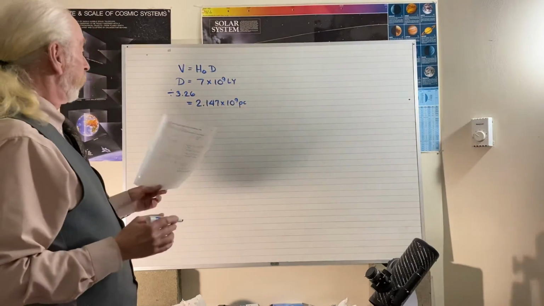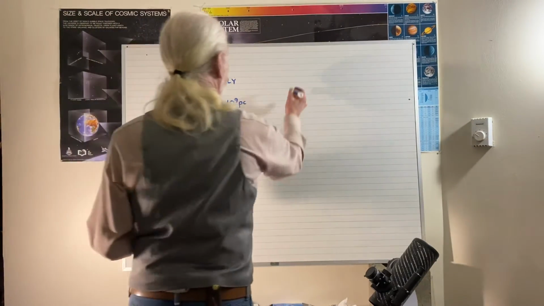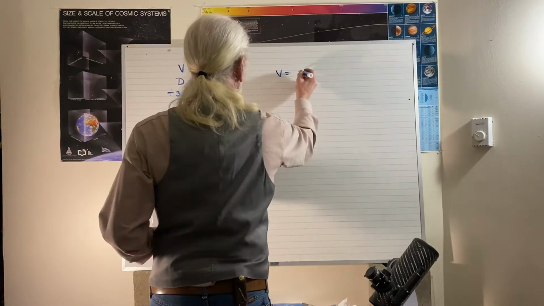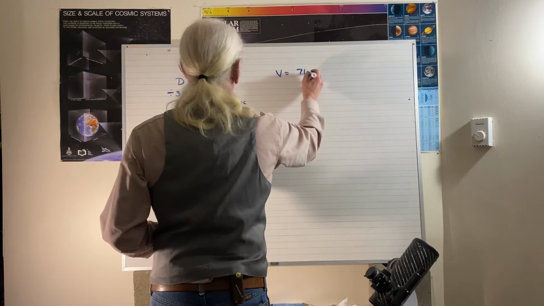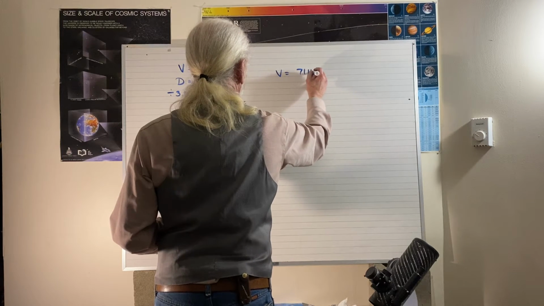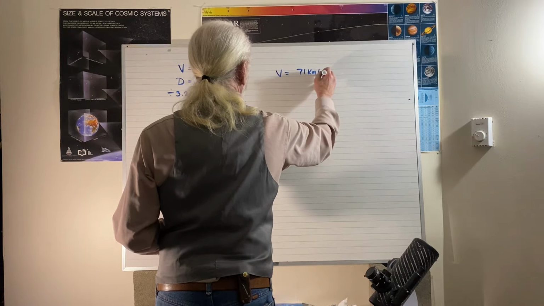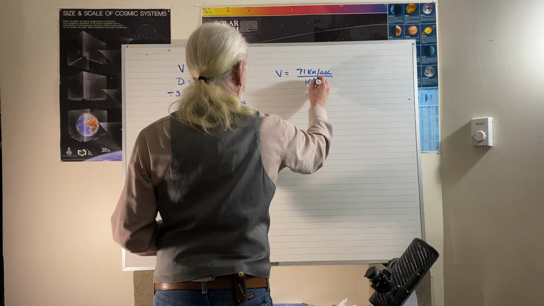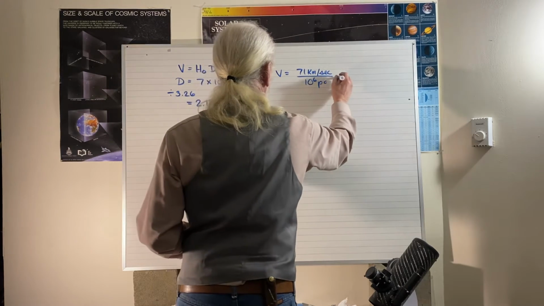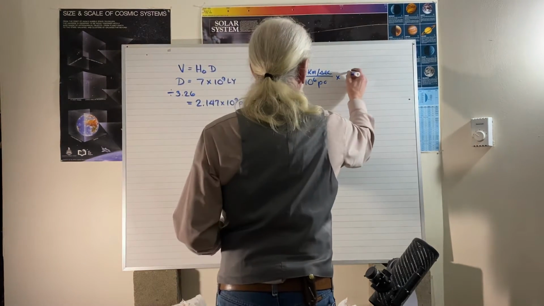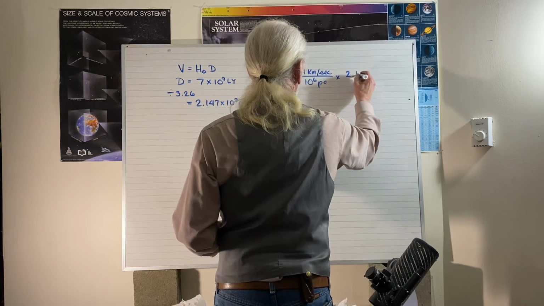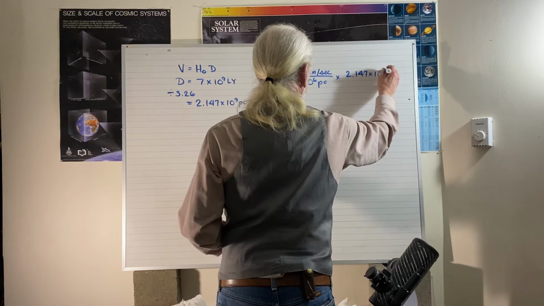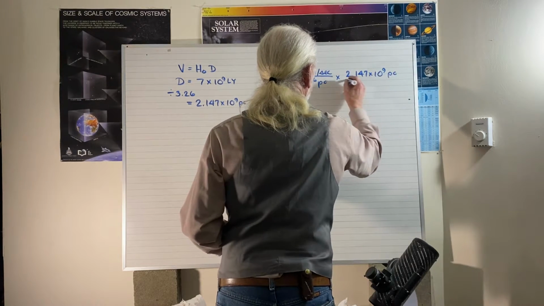So now, let's apply it. Our velocity is going to equal the Hubble constant, 71 kilometers per second per mega, or 10 to the 6 parsecs, times our distance, which we now know is 2.147 times 10 to the 9th parsecs over 1.